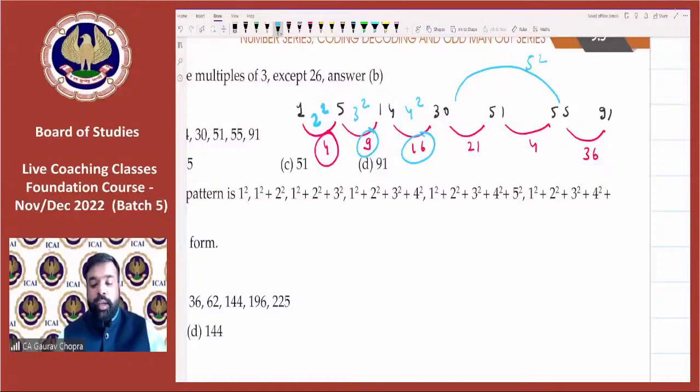That is 5 square. So we can see that this 51 is irrelevant here. So we can remove 51. And after that, we have 36, that is 6 square, and so on. Otherwise, the whole series is perfect except this 51. So this 51 will be the odd one out.